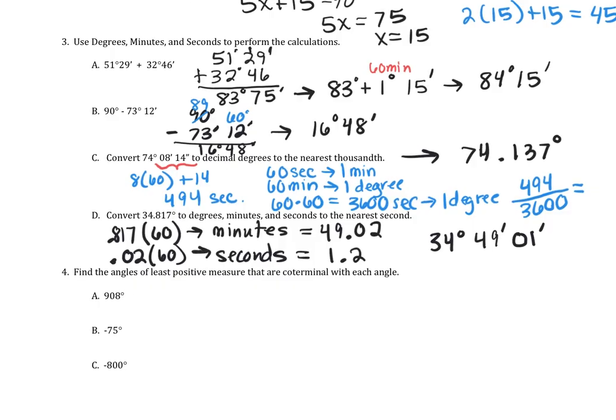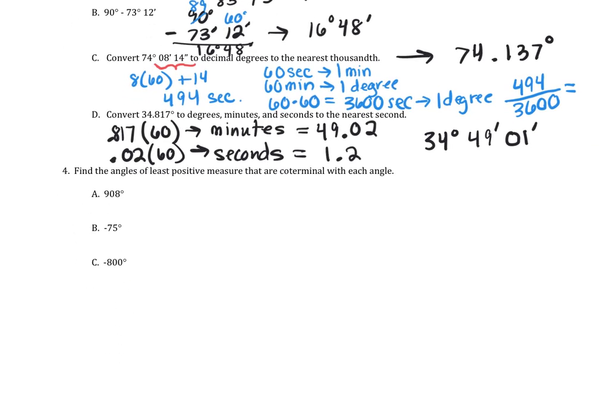All right, our last part to this section says find angles of least positive measure that are coterminal to. So just a reminder what coterminal means. Coterminal means that they are in the same position. The initial ray and the terminal ray are in the same position. We just might be rotating around a couple different times, or one's going in a positive direction, one's going in a negative direction.